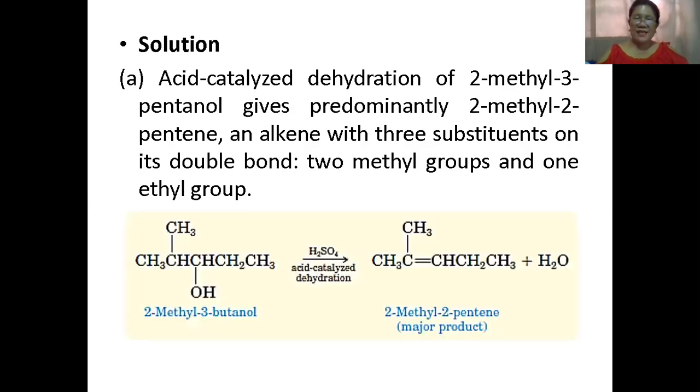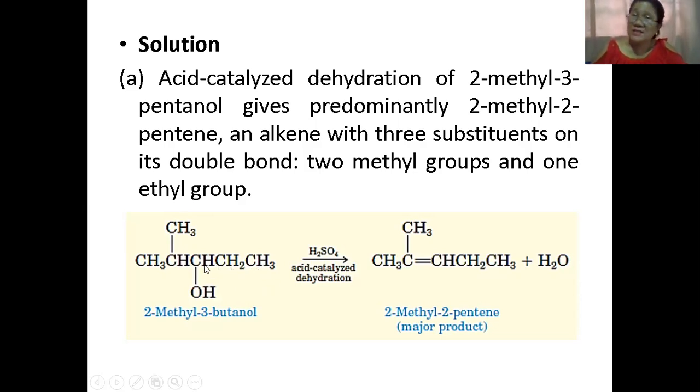Example for this, here we have 3-methyl... 3-butanol. No, 2-butanol. If we don't make it carbon 1, what will happen to your OH? It will be farther away. 1, 2, 3.